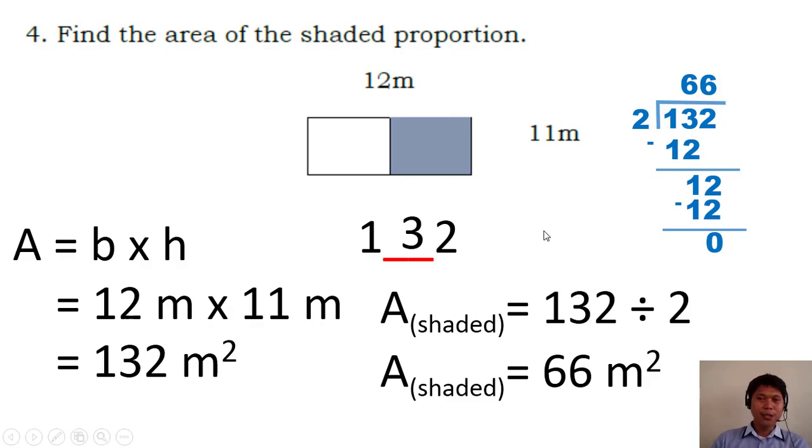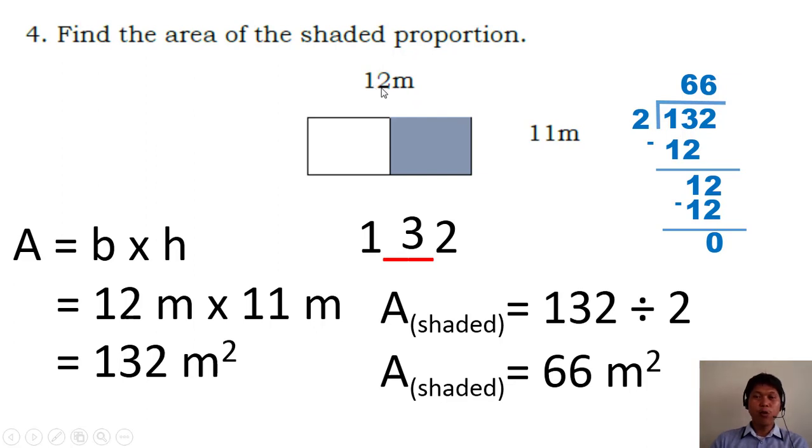Okay? So actually, there is a shortcut for this, which if you wanted to apply, since it is 1/2 of this, why don't you get the half of this 12 first? So the half of 12 is 6, right? So instead of multiplying them and then dividing by 2, why don't you divide this first by 2, which is 12 divided by 2 is 6.